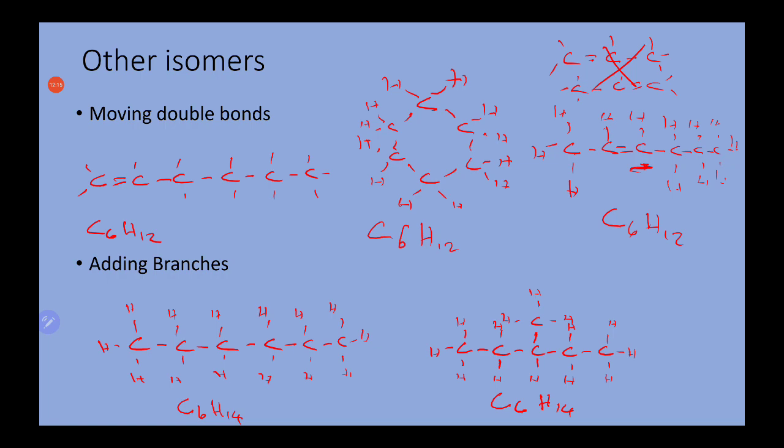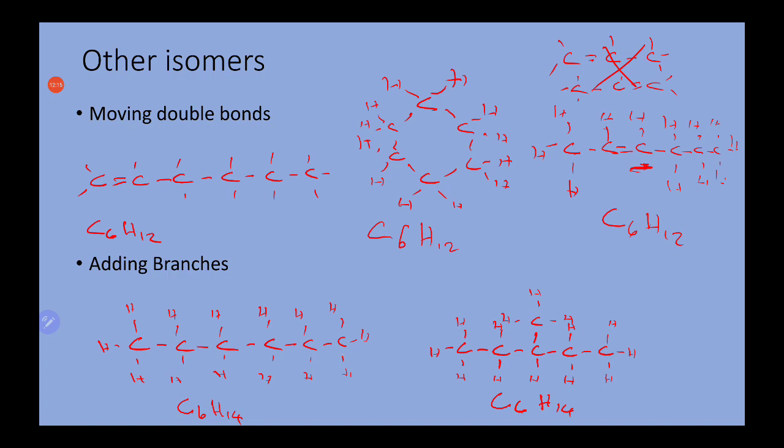So adding branches to alkanes is another way that you can get an isomer of an alkane. In fact, it's the only way you can really get an isomer of an alkane. Again, a word of caution, because with the shorter alkanes, you can't really do that. If you add a branch, you need to make sure that the branch is going to the middle of the molecule.